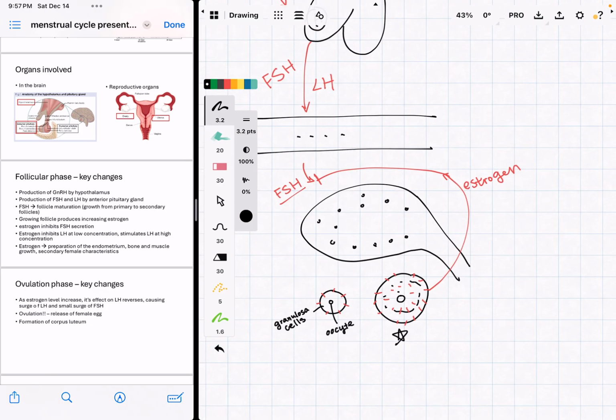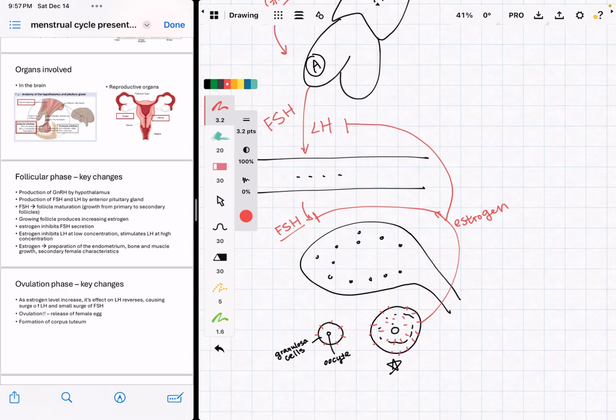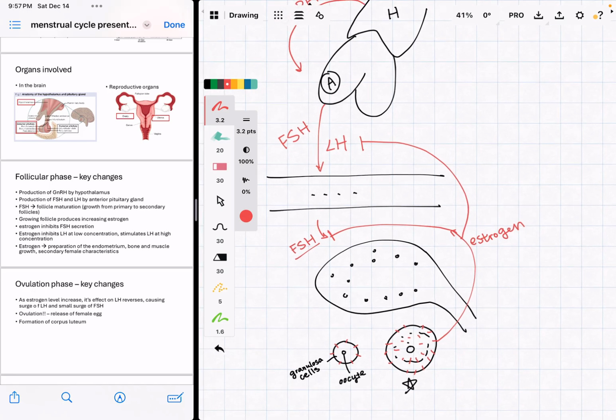Okay, so we've talked about the effect of estrogen on FSH, and what about its effect on LH? We haven't really talked about LH that much in follicular phase because it really doesn't play that big of a role in the follicular phase. And the effect of estrogen on LH is also a bit more complex than its effect on FSH.